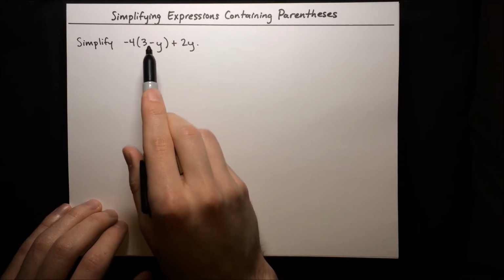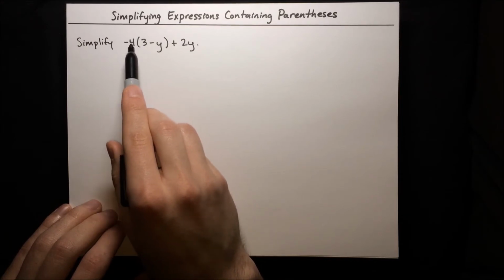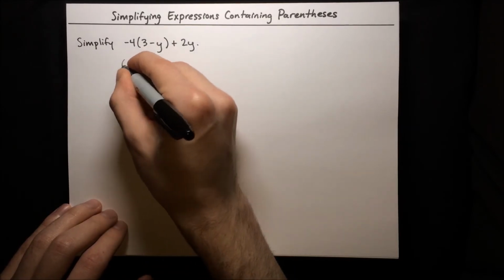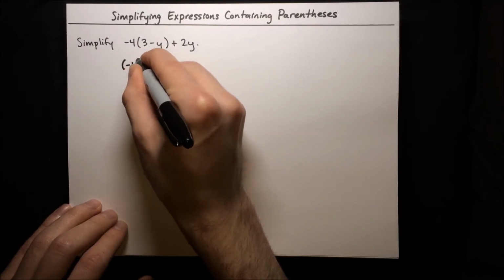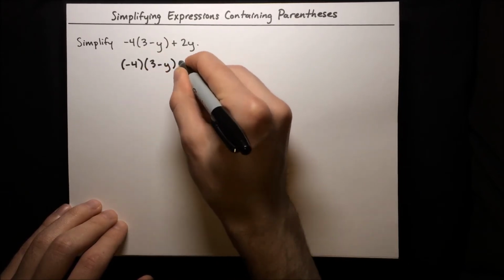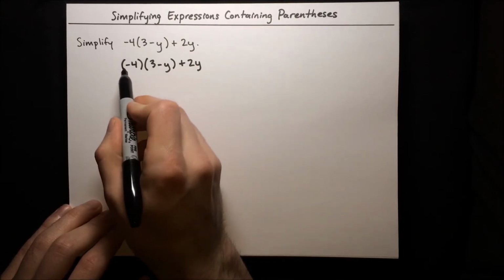So first of all, our first step is that we want to distribute. But before we can distribute, we need to interpret this negative 4 as a single number. Let's write that in parentheses. Let's write the quantity negative 4 times 3 minus y, then plus our 2y. And we're just doing that so that we can keep track of that negative sign.